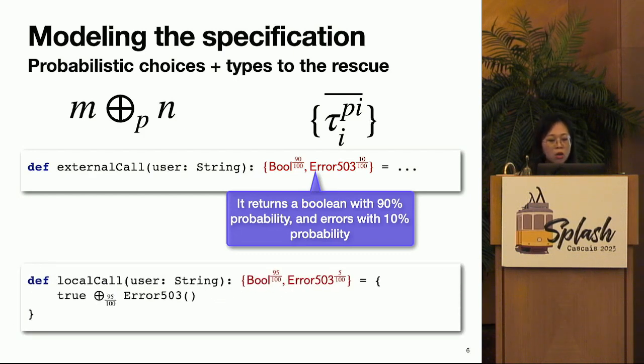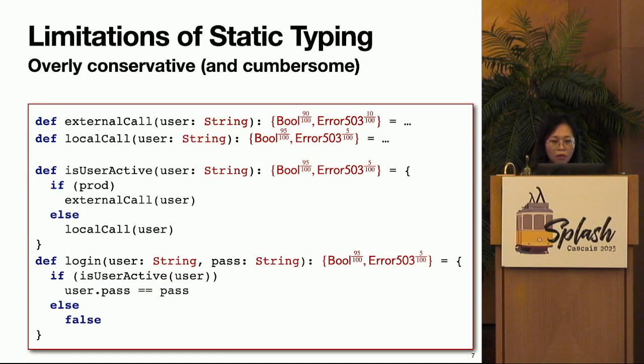Maybe your local code can be type checked as such, like it's going to succeed with 95% probability and an error with 5% probability. You can type check the whole program like this. The external code has a 90% probability of success.